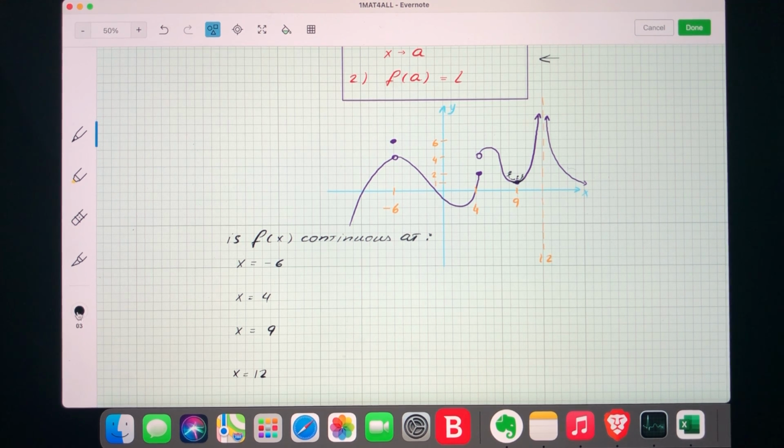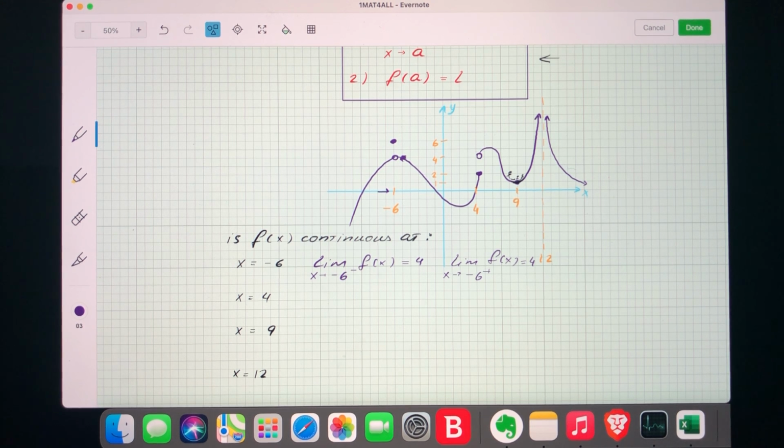At -6, as we approach from the left side, the limit as x approaches -6 from the left side is equal to 4. From the right side, the limit as x approaches -6 from the right side is also equal to 4.